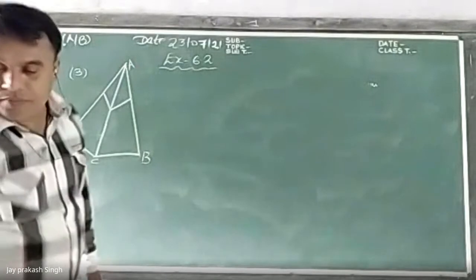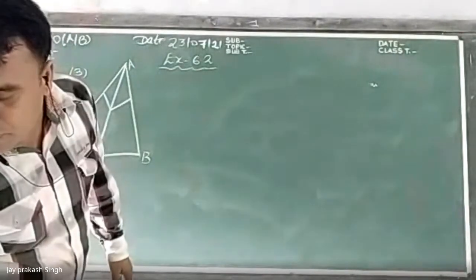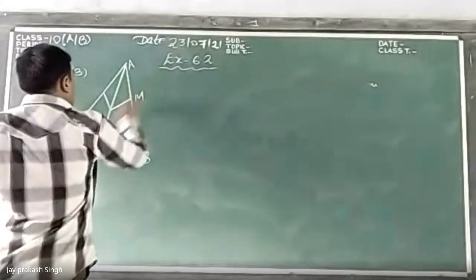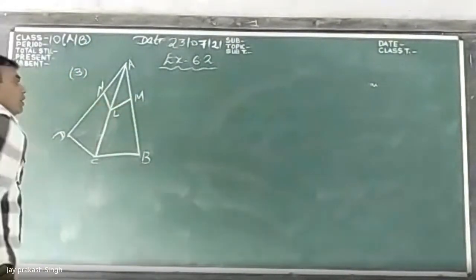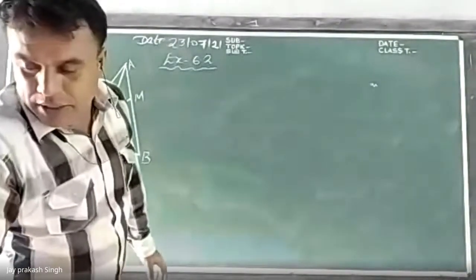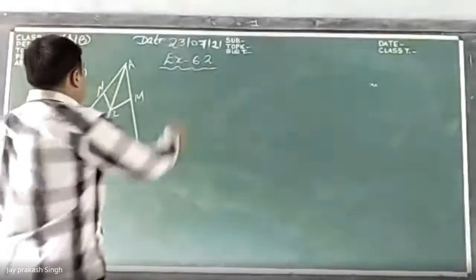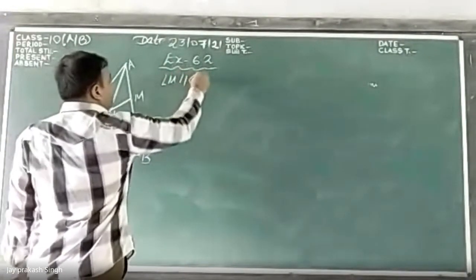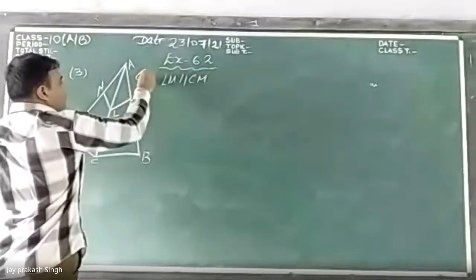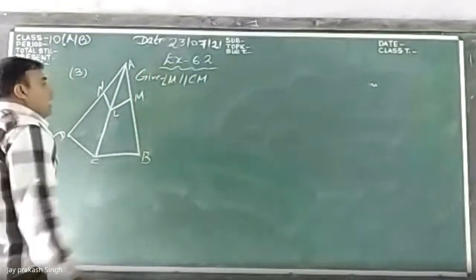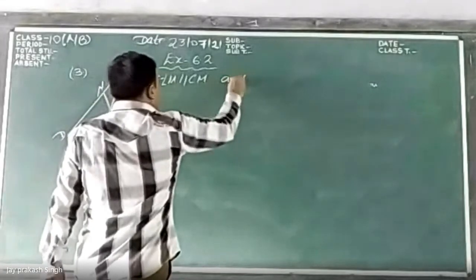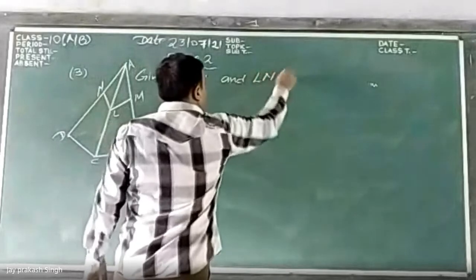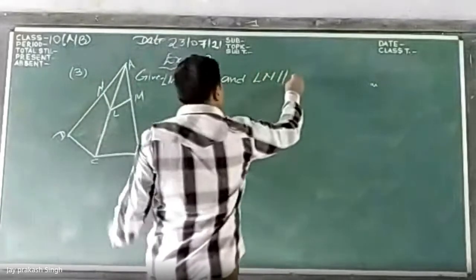Another one is different, that is MLN. Now, in the question given that LM is parallel to CB, and LN is parallel to CD.